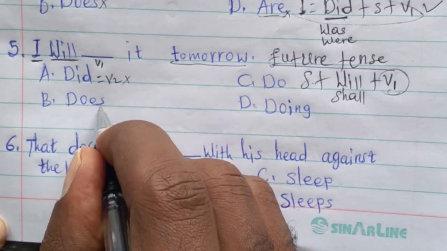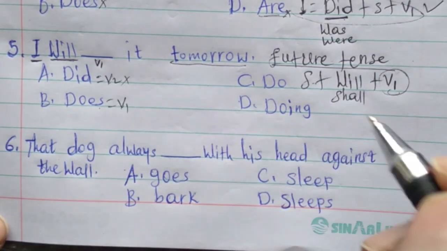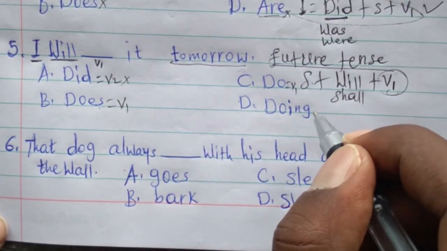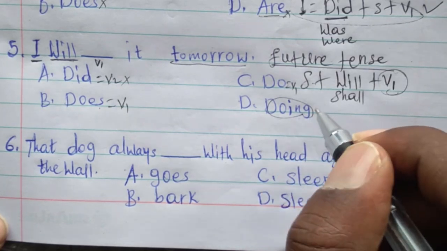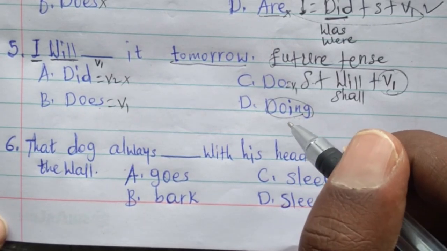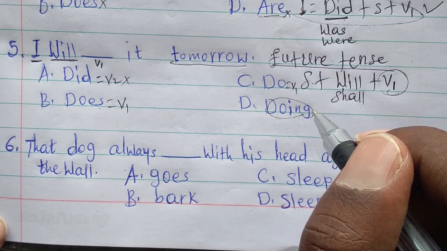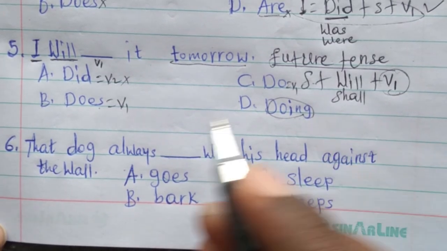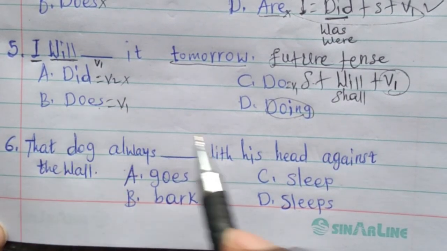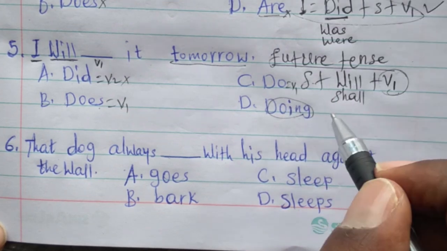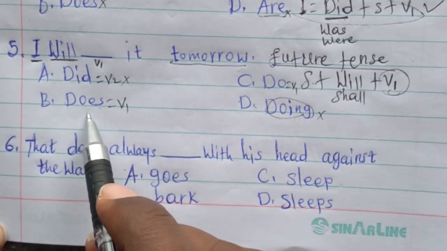Does is verb 1, and do is also verb 1, but doing is verb ing. Always doing is used after the verb to be: is, are, was, and were, but in this case we are looking for verb 1, so our probability will be do or does.